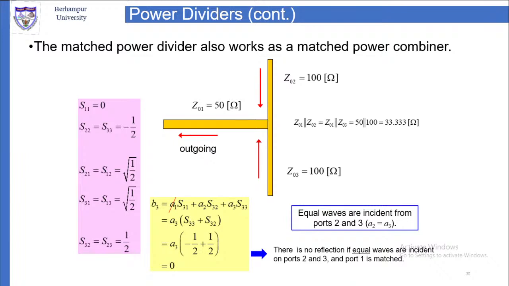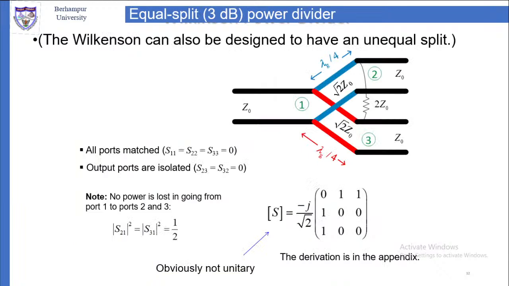A1 will be 0 because of matching. A2 is equal to A3, so take A3 common. That gives you A3 into S33 plus S32, and S33 and S32 are minus half and half. So from that you see that V3 is equal to 0. So there is no reflection if equal waves are incident on port 2 and port 3 while port 1 is matched. So this is a combiner.